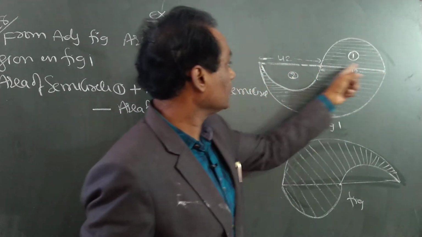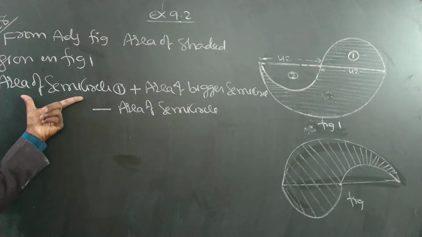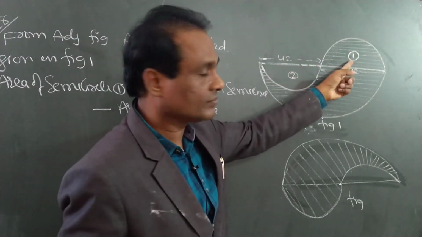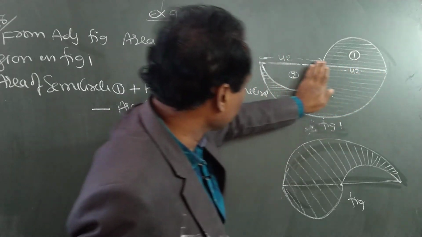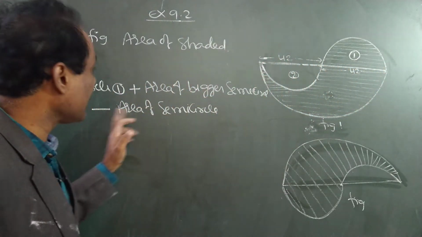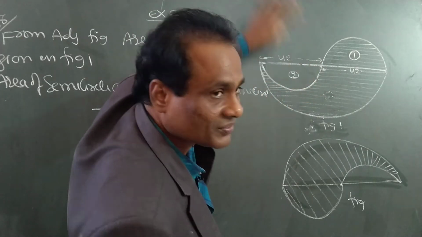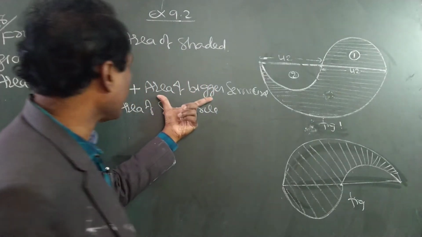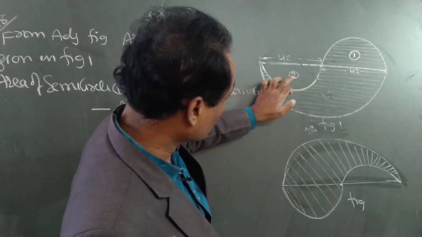So this I wrote, area of semicircle 1. This bigger semicircle total area minus this, which is not shaded now, we have to remove it. If you find the area of the bigger semicircle, you will get the total area, including this also.